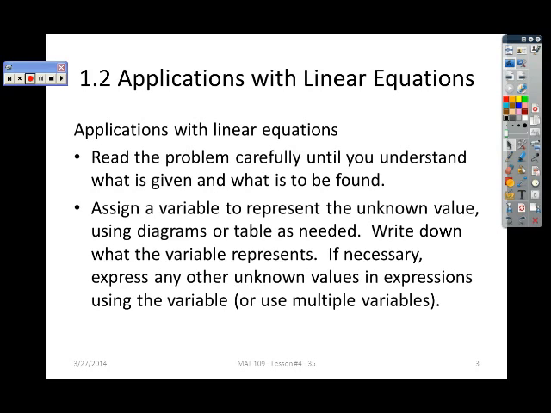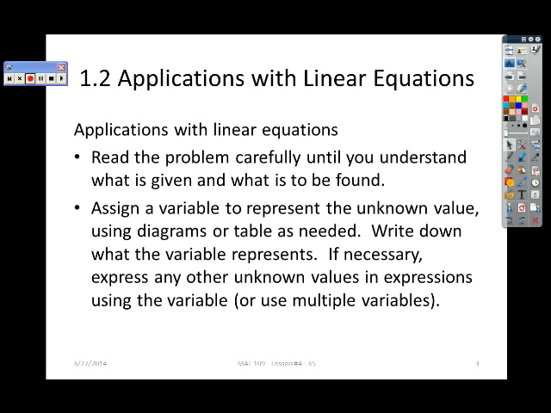Once you have that, identify your key pieces of information. Numbers are almost always important pieces of information that you need to use. Otherwise, it's relationships among the various unknowns, or the knowns and the unknowns. Relationships with the numbers and the variables, that sort of thing. So identify those key pieces of information.